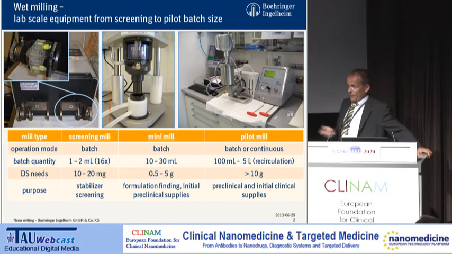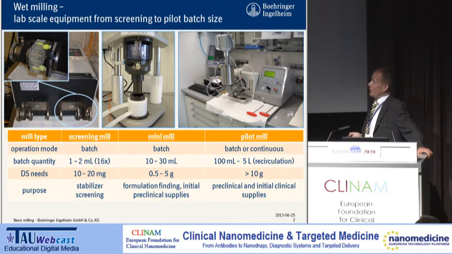And by vibration of the mill, the beads contained in the vessels comminute the particles down to the size we want to have finally, which is typically in the range of several hundreds nanometers.